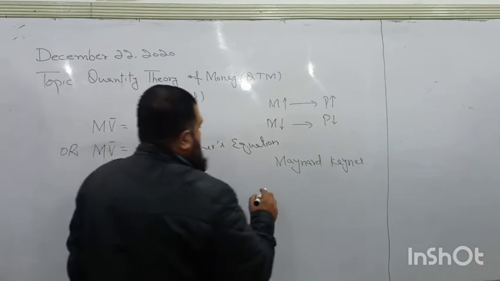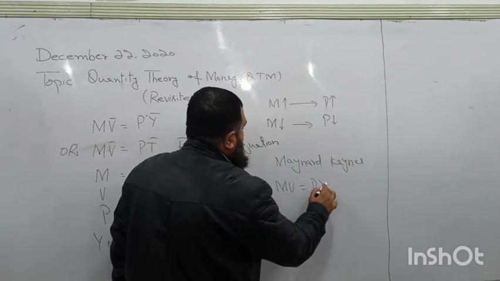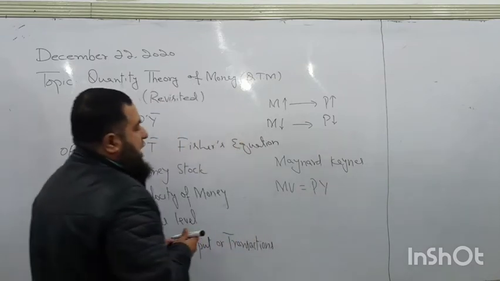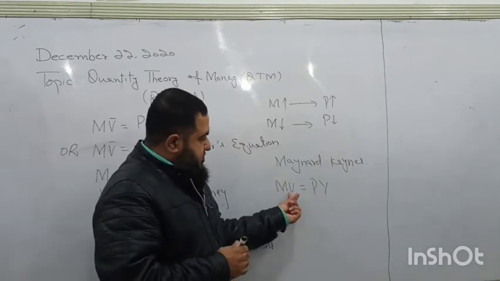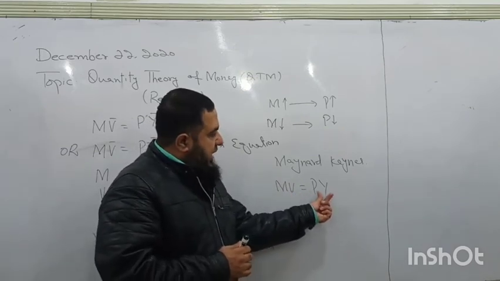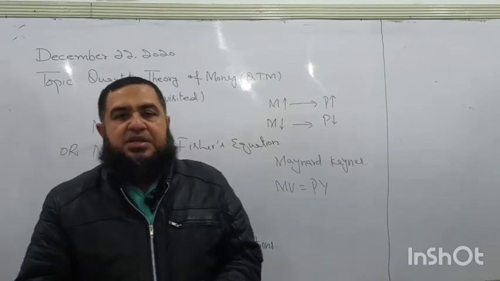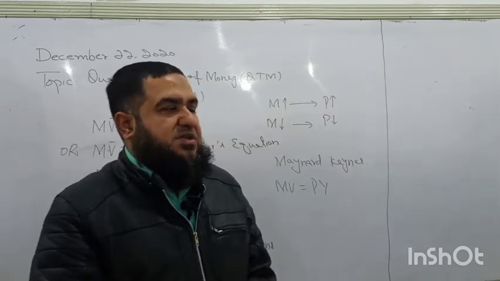He said, if we say MV = PY, the velocity of circulation of money and level of national output are also variable instead of keeping them fixed.